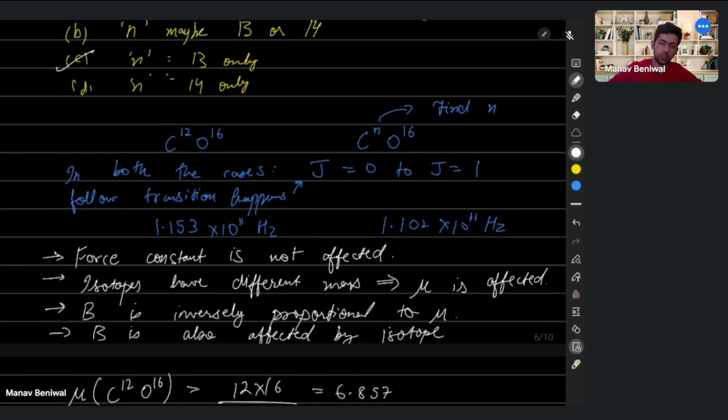Then we write what we know, that is, what all quantities are affected. It is given that the force constant is not affected, and because isotopes have different mass, mu will be affected. Also we know that the rotational constant b is inversely proportional to mu, and since mu is affected, b is also affected.